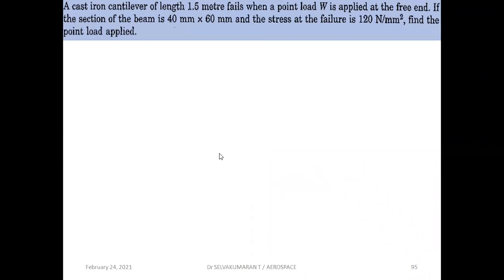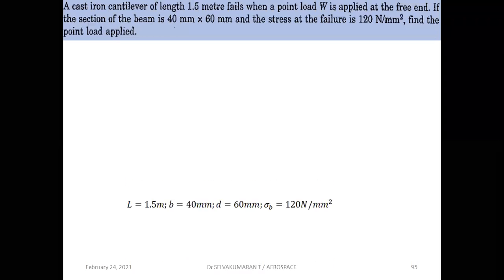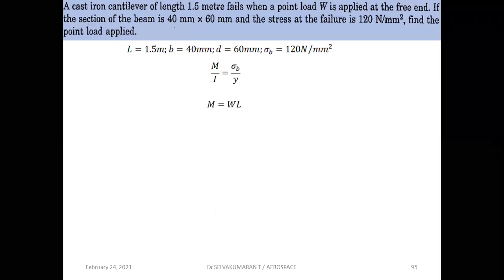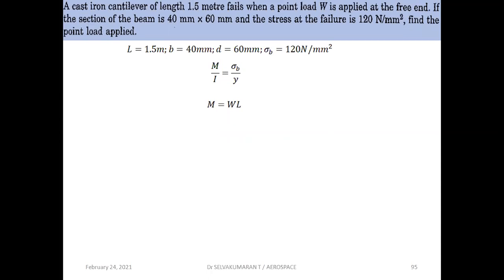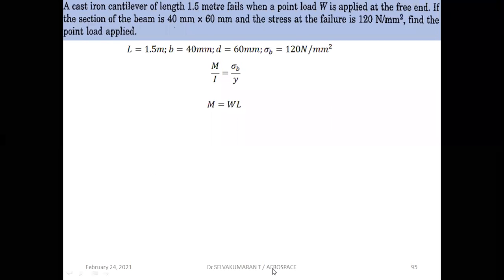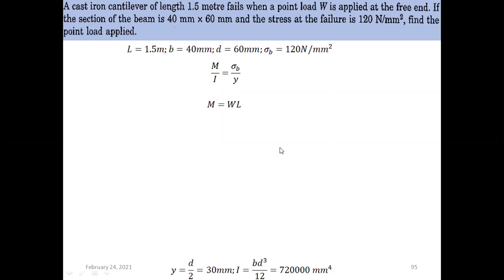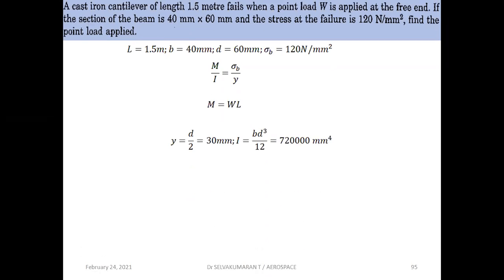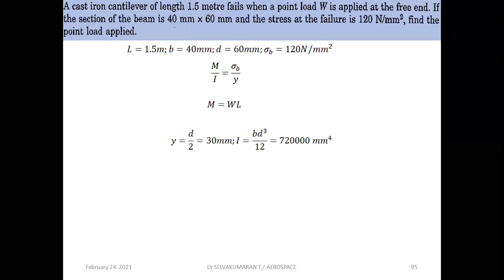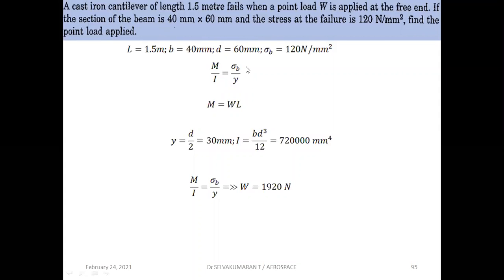So next problem, a cast iron cantilever beam of length 1.5 meter fails when a point load W is applied at the free end, and the section of the beam is 40 millimeter into 60 millimeter, and the stress at the failure is 120 Newton per mm square. Find the point load applied. So M by I is equal to sigma b by y.